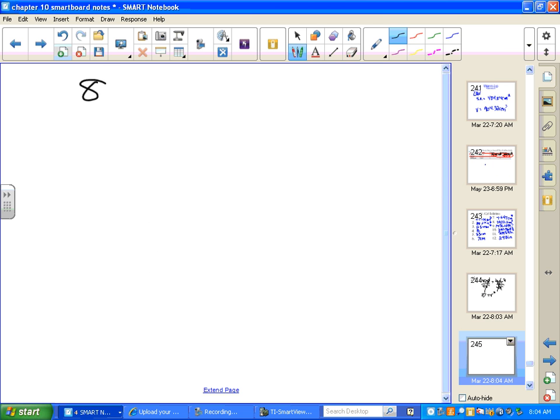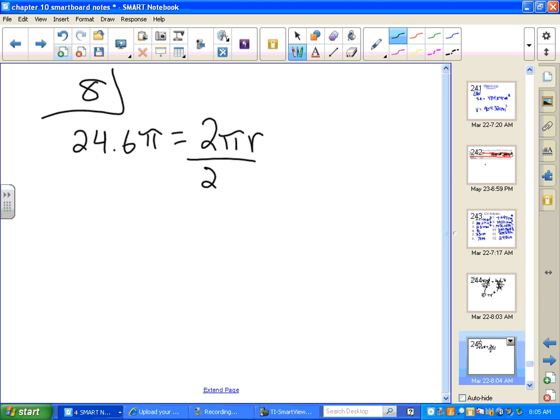Number 8 is actually kind of like 4. You're given circumference, which is 24.6 pi. So I set that equal to 2 pi r, which is the circumference formula, and then find r, because you can't find surface area until you know what the radius is. Divide both sides by 2 pi. These cancel.